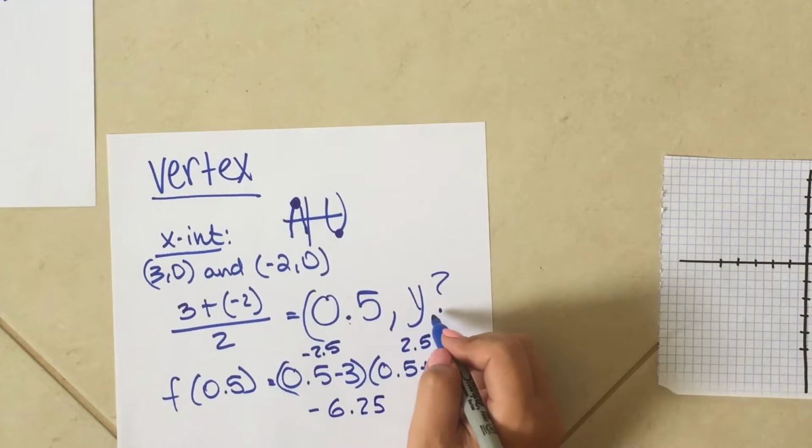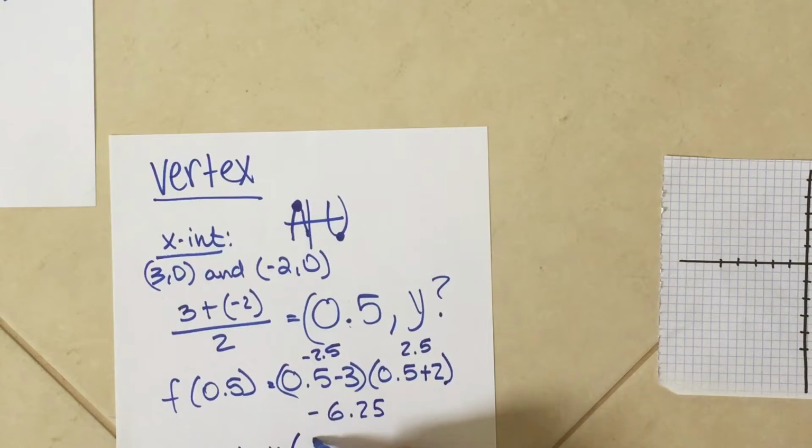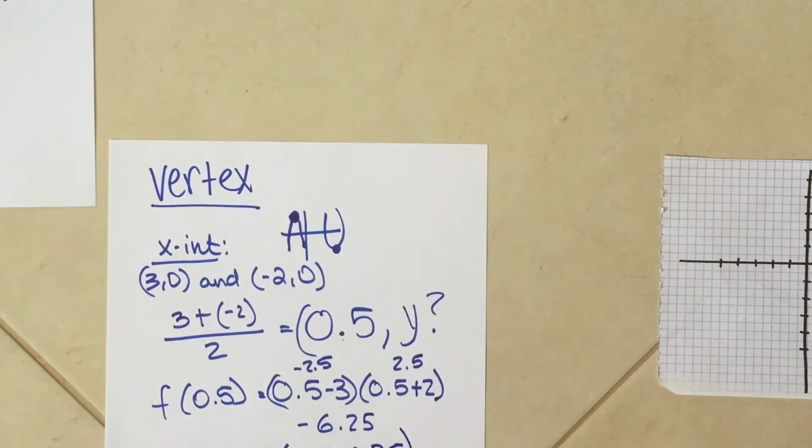So that way we can find our y value. So the vertex of this function is 0.5, negative 6.25.